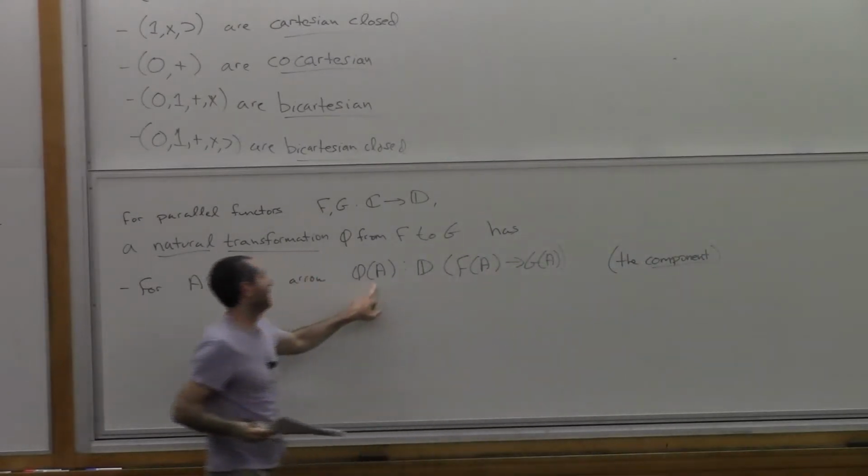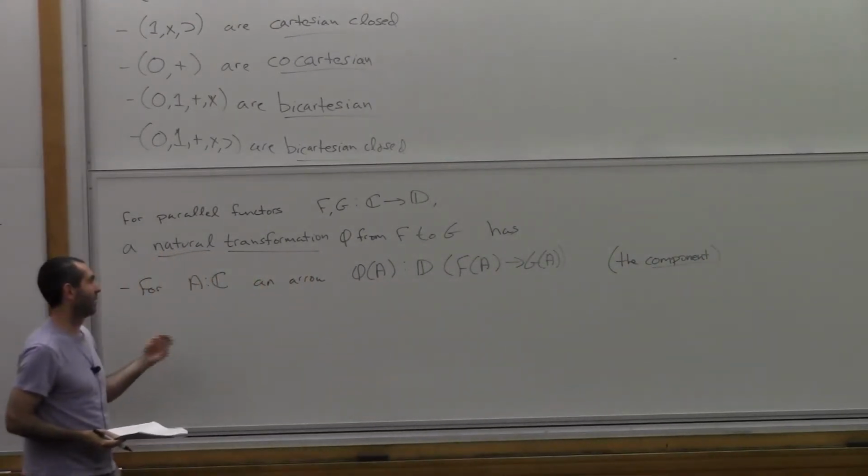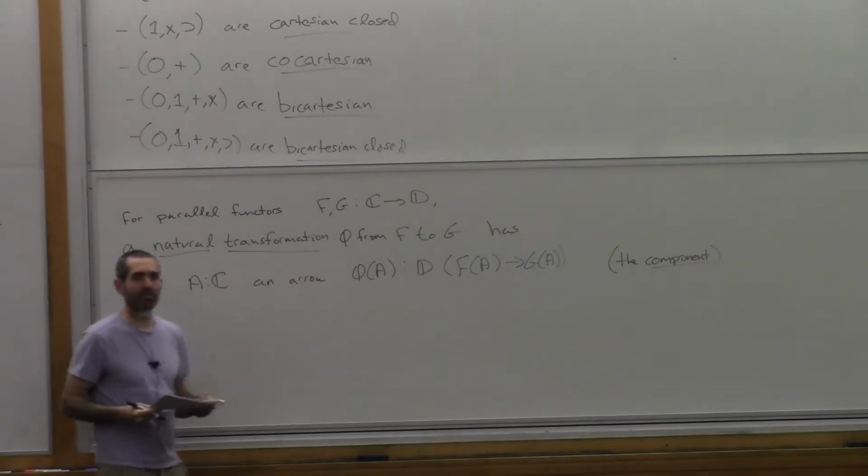So phi of A is the component of the natural transformation phi at the object A.